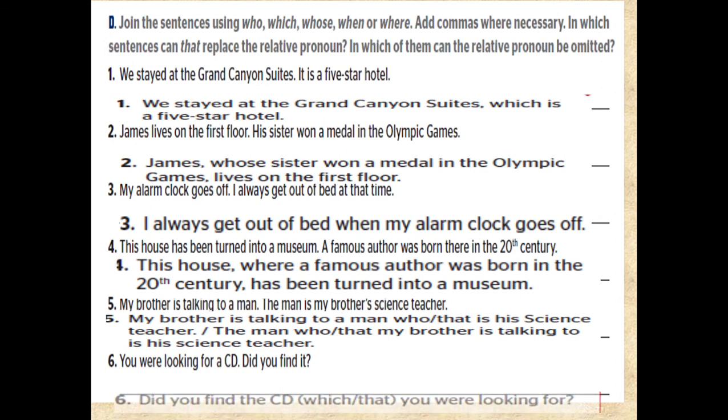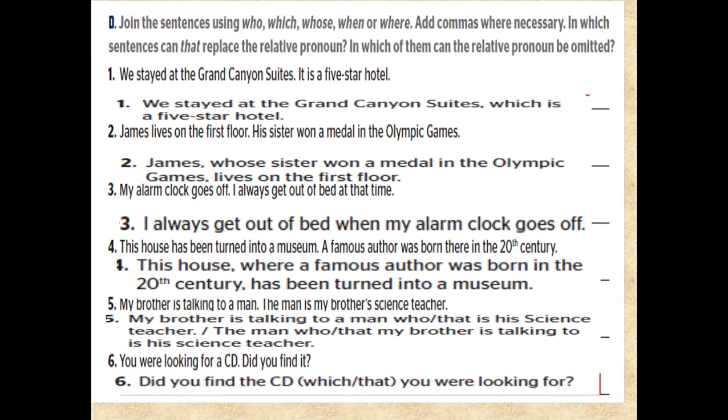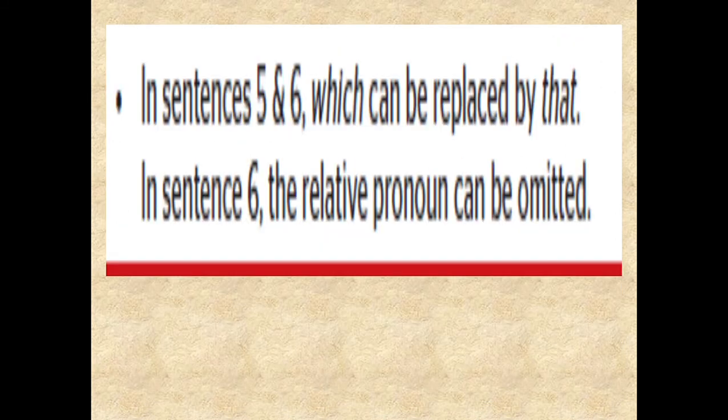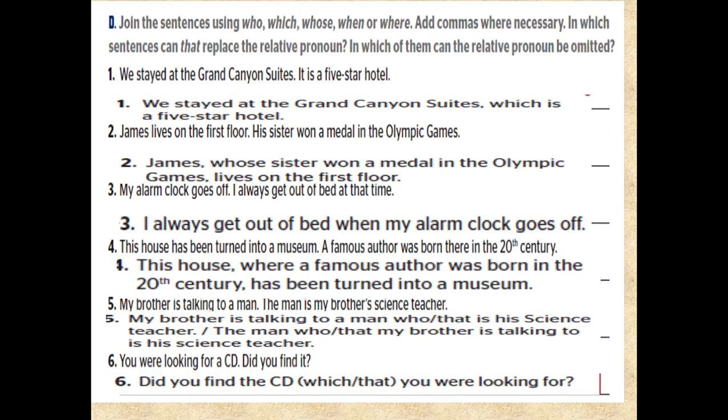Did you find it? Did you find the CD which you were looking for? Notice that in sentences 5 and 6, which can be replaced by that, while in sentence 6, you can omit the relative pronoun.